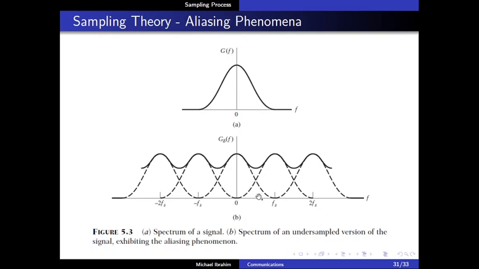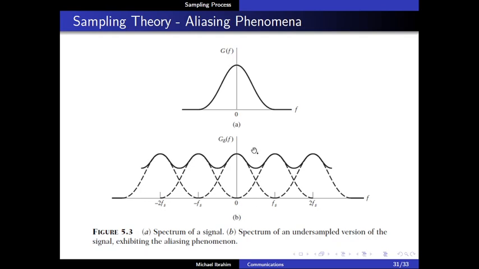This frequency content is taking the identity of another frequency, appearing at a different frequency location. So in this case, we have the aliasing distortion, which results in our not being able to recover the original signal.